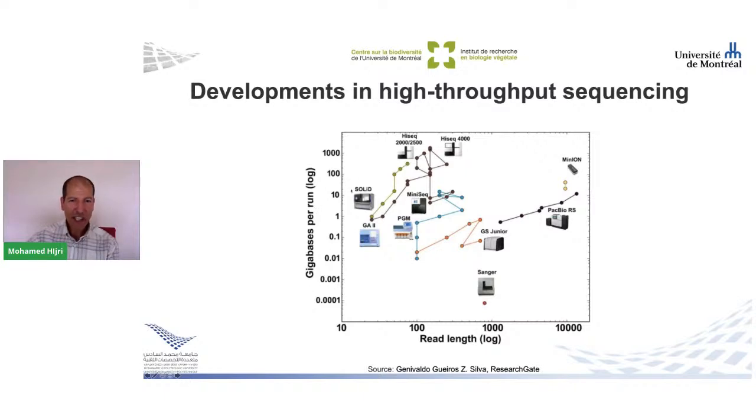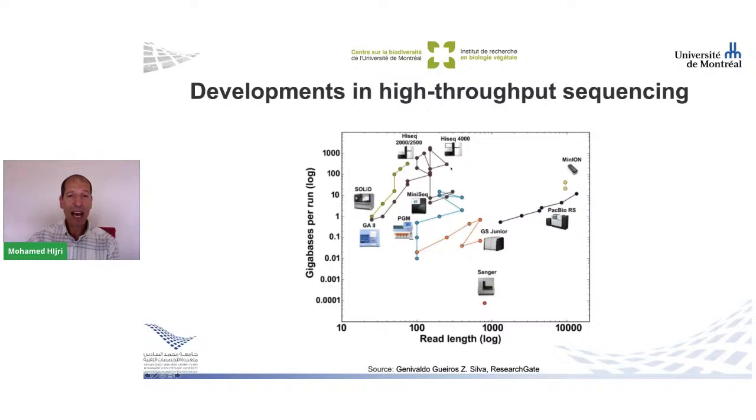The conventional sequencing technology is called Sanger, which is still quite used today. In terms of read length, it's quite good. We can even reach 1000 base pairs per sequence. However, we can only obtain one sequence per reaction. Typically, with an instrument that takes a 96-well plate, we can have 96 sequences in one run.